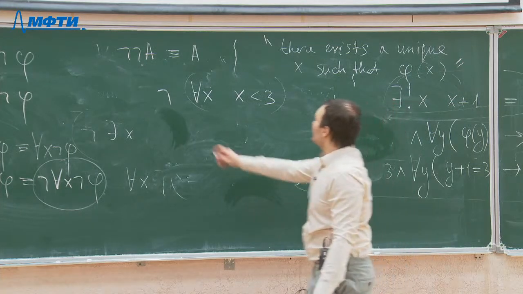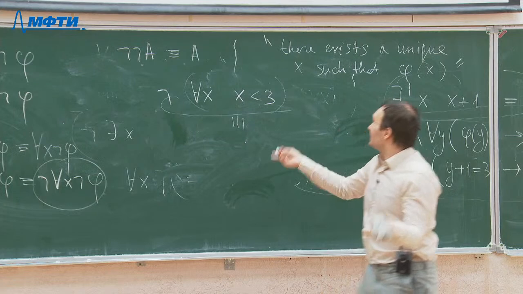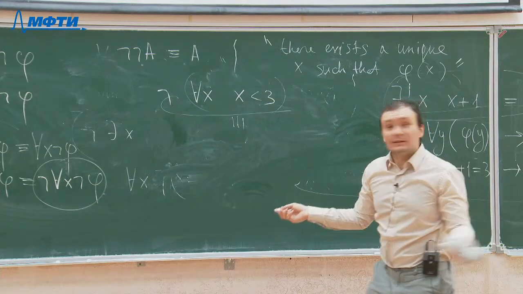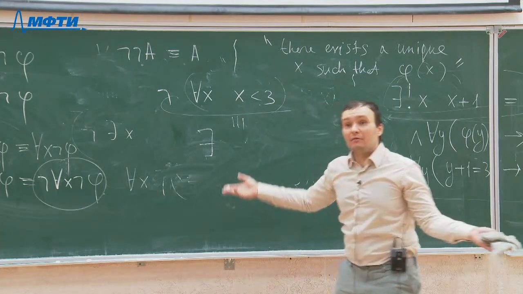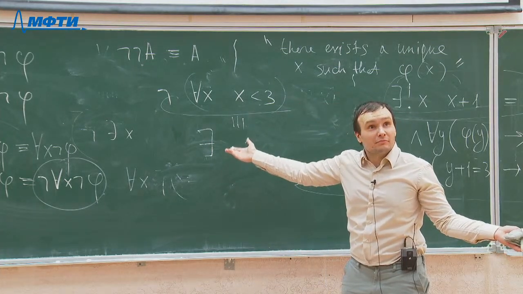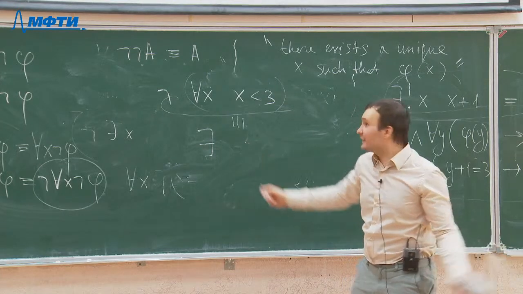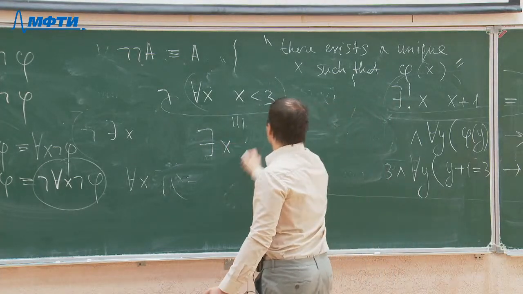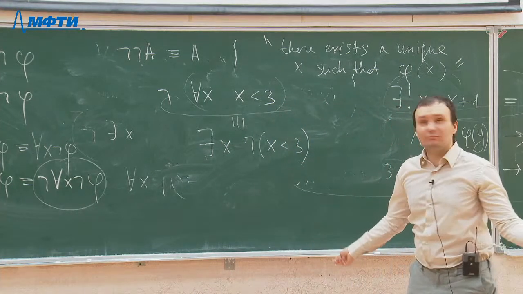But what does it mean that it is true? Not every x is less than 3. That means that some x is not less than 3. There exists some x such that it is not the case that x is less than 3.